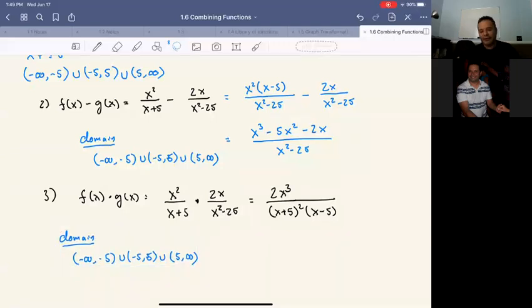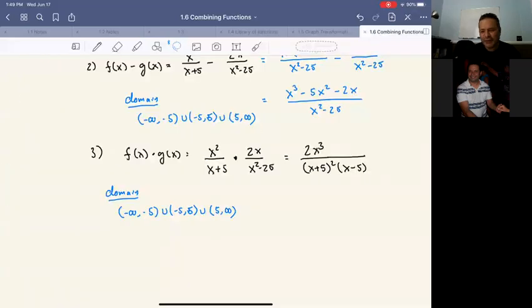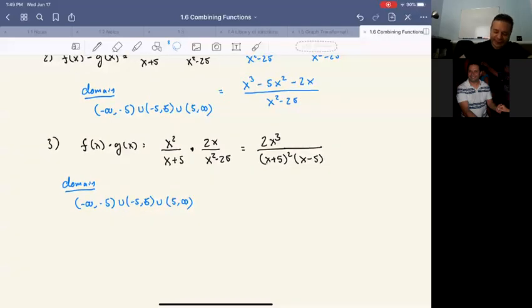All right. Now, of course, division is the redheaded stepchild of this situation, no offense if you're the redheaded stepchild. Maybe kids don't even know that expression anymore, but it's the different one. So f of x divided by g of x is going to be x squared over x plus 5.